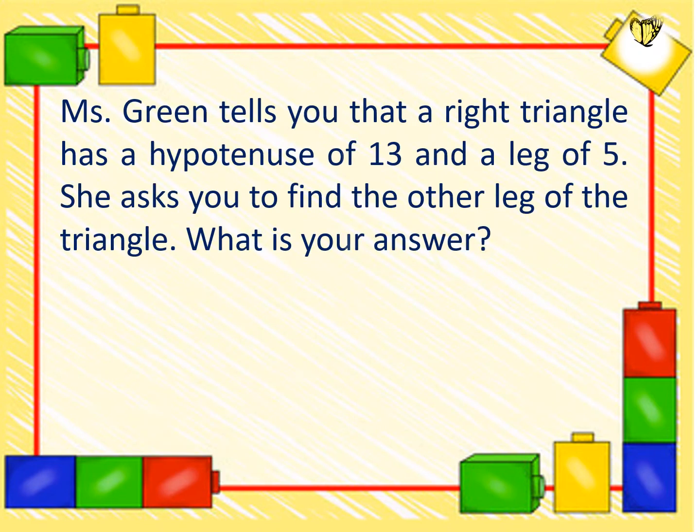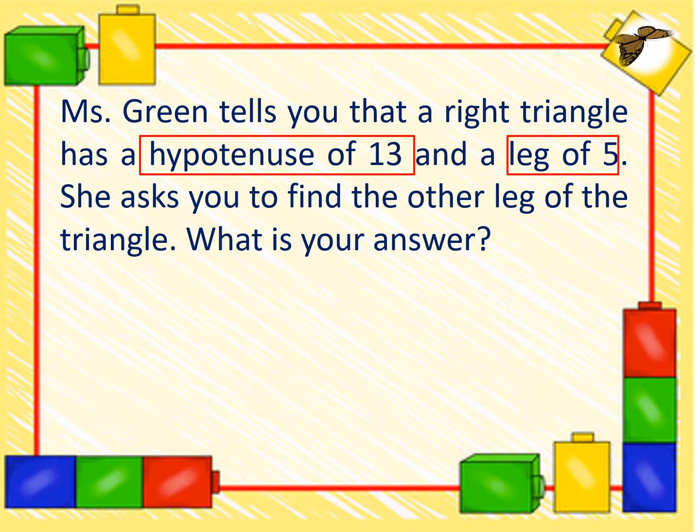Another problem. Miss Green tells you that a right triangle has a hypotenuse of 13 and a leg of 5. She asks you to find the other leg of the triangle. What is your answer? The hypotenuse is 13 and the leg is 5.